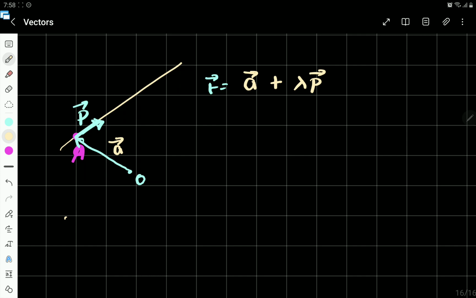This is now the vector equation of a line.